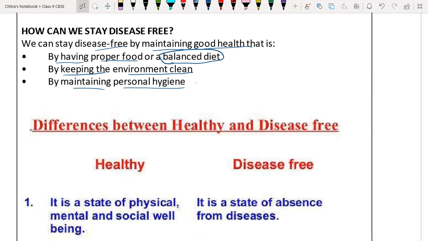Whenever we are interacting with other people, we have to use a mask. Nowadays we have a pandemic called COVID. It has already spread worldwide, so we are very aware and conscious about our health.